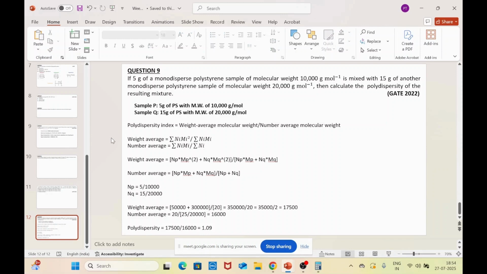Any questions or anything which you are not able to get, especially in the last three steps, because I directly wrote it with the value.